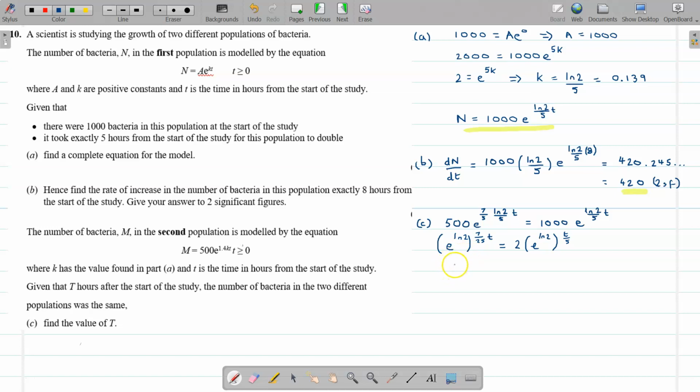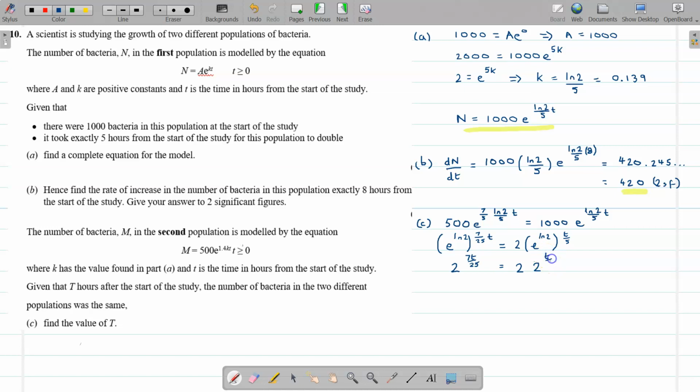So I'm left with this situation that 2 to the power of 7/25 of t, 7t over 25, is equal to 2 times 2 to the power of t over 5.